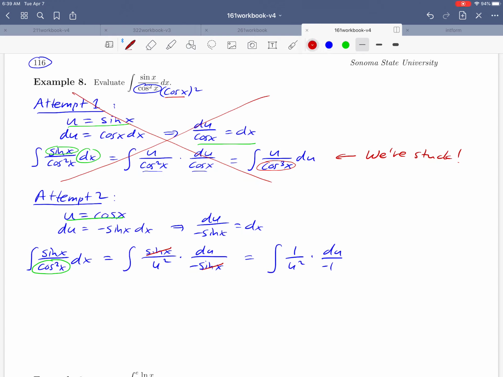That negative 1 is a constant, so we could pull it outside of the integral. Because it's a negative 1, we can really put it in the numerator or the denominator, so I'm just going to pull it out as a negative 1. And then we might notice that 1 over u squared, we can rewrite as u to the negative 2. I'm going to rewrite it that way because it might make it easier to actually do the integral.